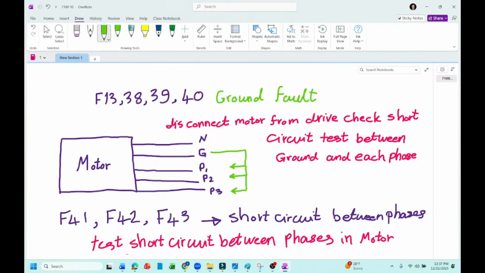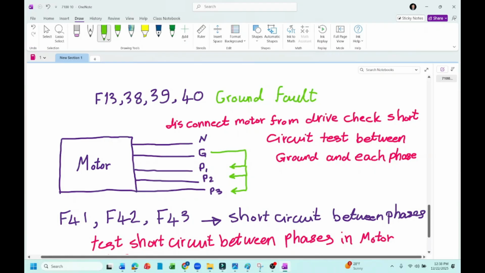Okay, the next fault codes are F13, F38, 39, and 40. These are actually ground faults. These happen whenever a short circuit occurs between the motor ground and the phases. For testing that, make sure to unplug your motor from the VFD and use your DMM short circuit test between ground and each phase.